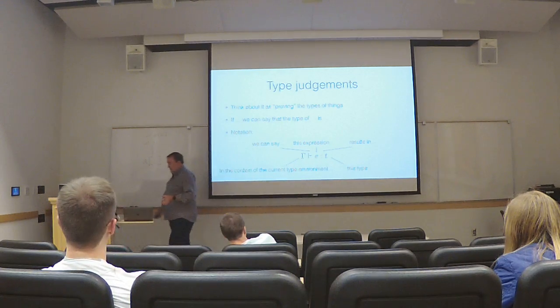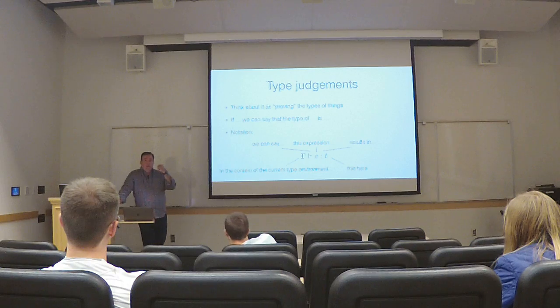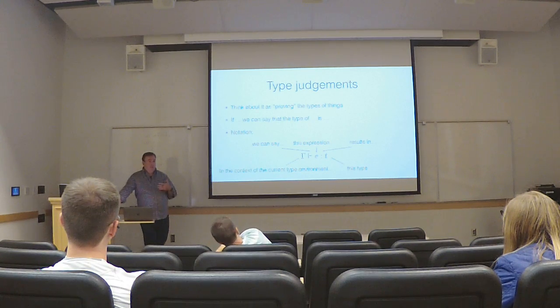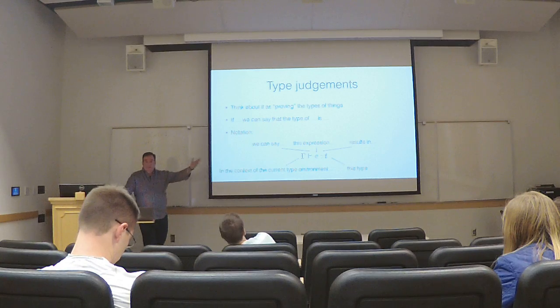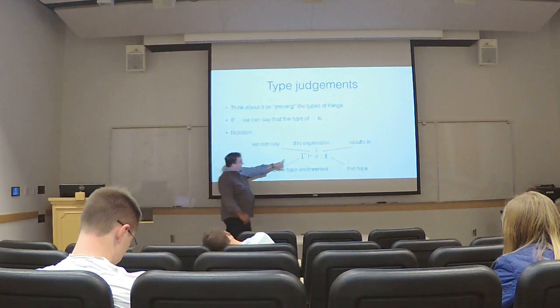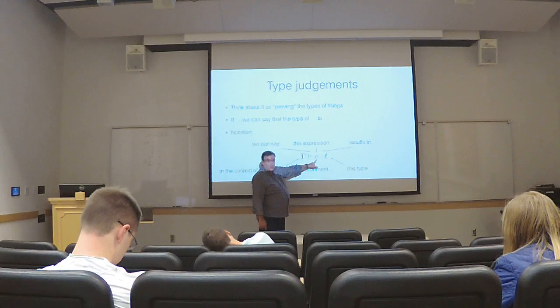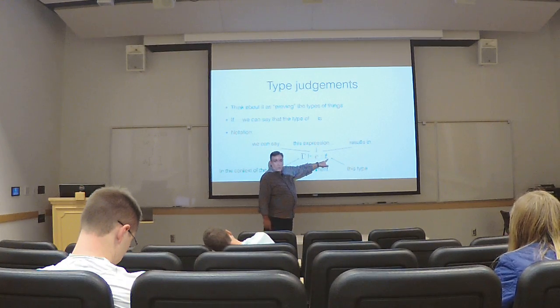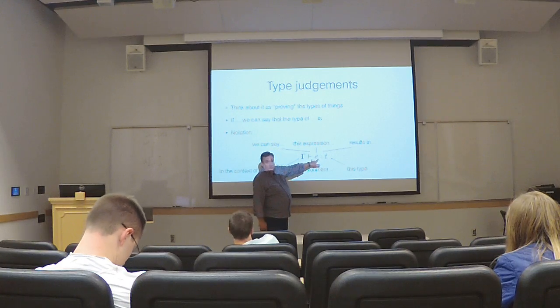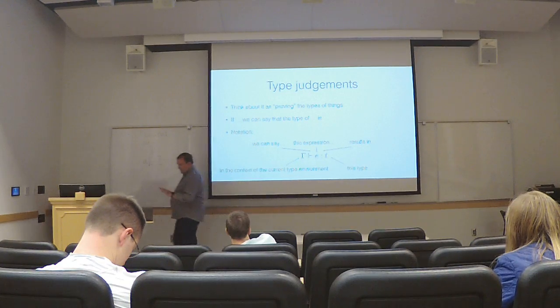So what we're really ultimately trying to say is, remember we said that expressions will, when evaluated, result in certain types, but it's dependent on the context of the current type environment. So a reference to an identifier X might return different types depending on what the type environment is at the time we're evaluating the X. So think about it. This is the type environment, the expression we're trying to determine the type of, and this is what it will result in. And the rest is just sort of syntax or syntactic glue.